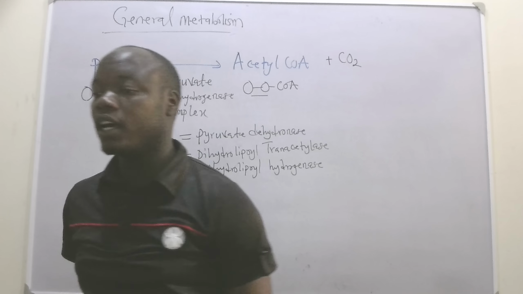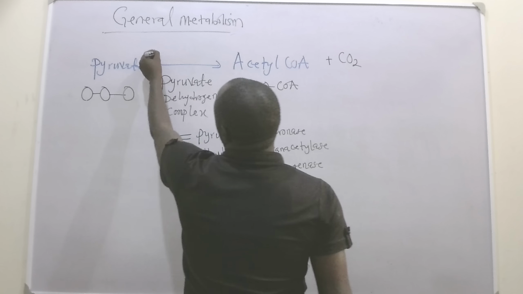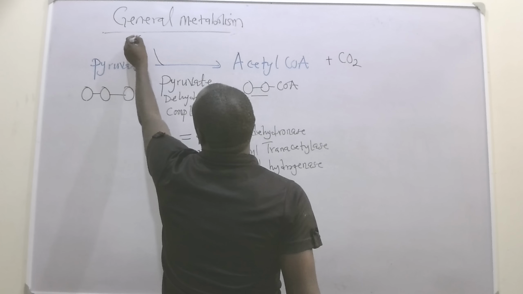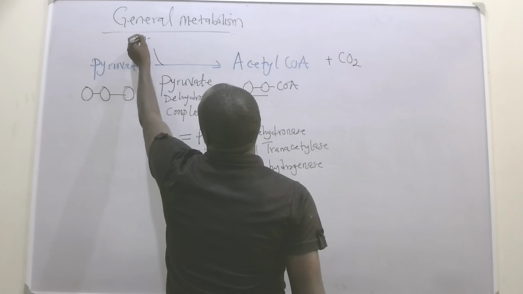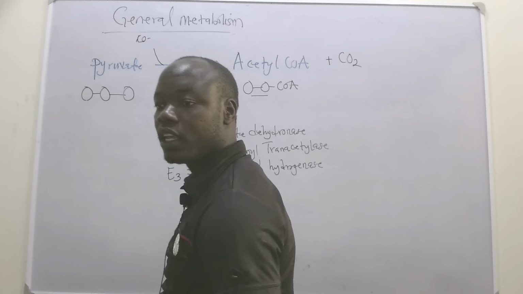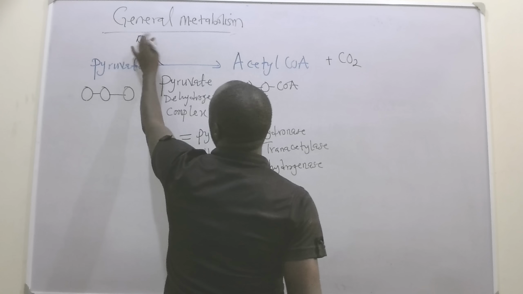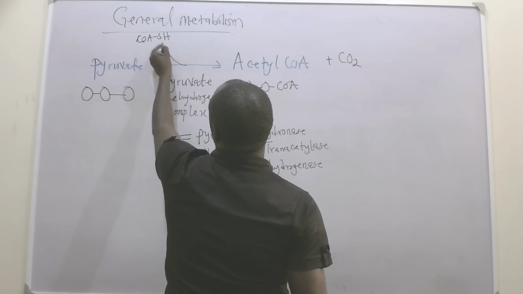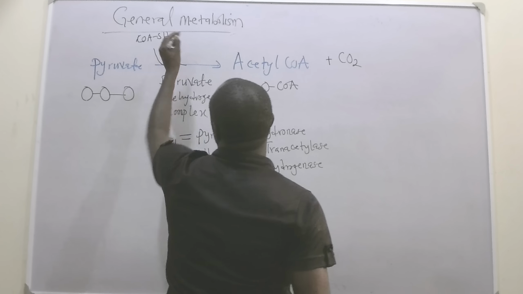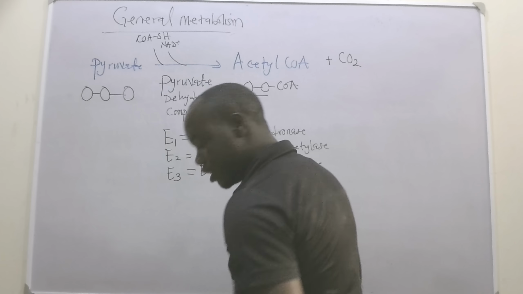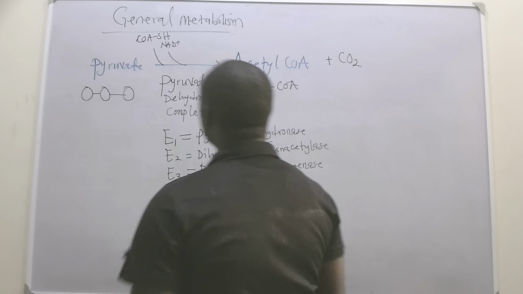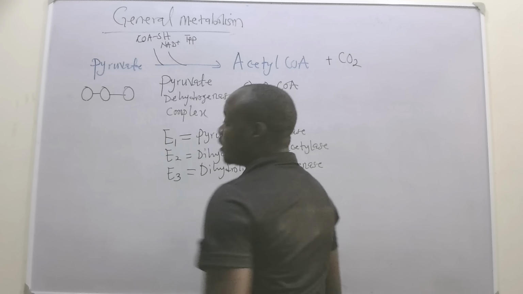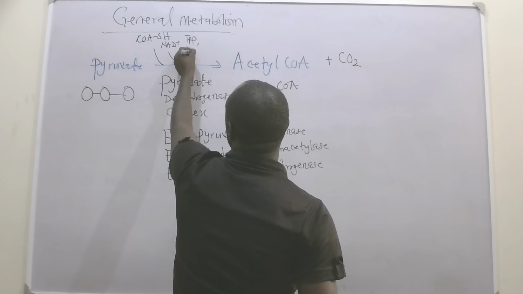Some of these cofactors: we have coenzyme A. We have NAD plus, which is also another cofactor. And then apart from NAD plus, we have TPP, that is thiamine pyrophosphate. It also requires lipoate.